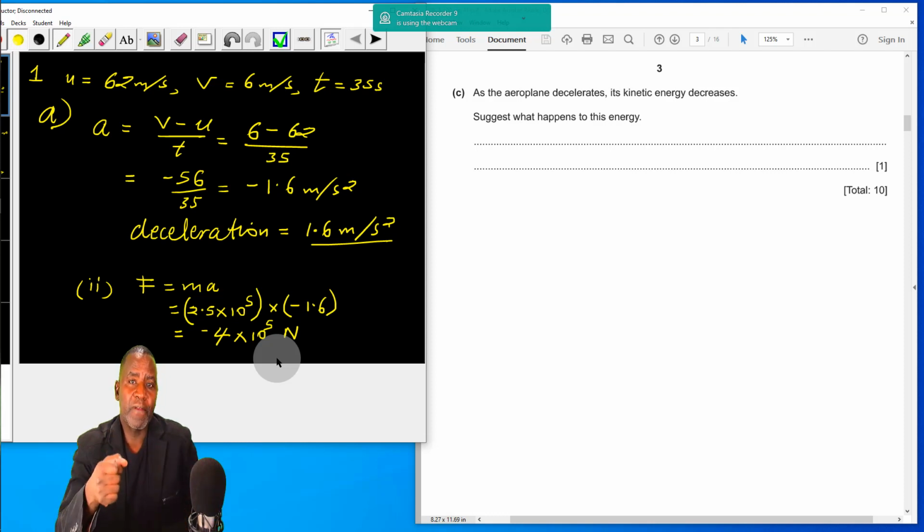If the examiner asked us to calculate the retarding force, then we will forget about the negative sign, because the word retarding takes care of the negative sign. It already indicates that is the force that is responsible for the retardation. By the way, the other word for deceleration is retardation. And that is what we can say about this particular question.